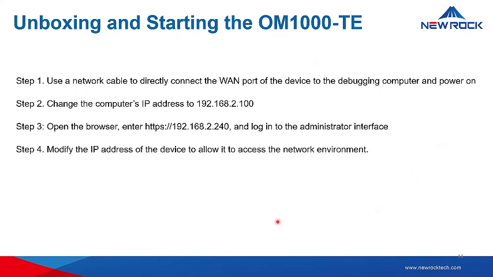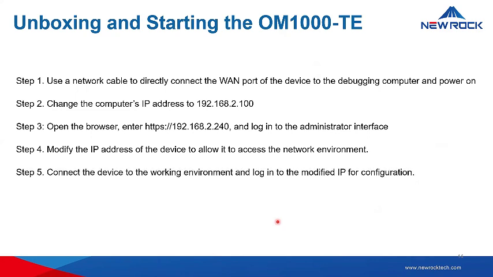Then you can also modify or set the static IP so that you can access the network environment. After that, connect the device to the working environment and log in with the modified IP for configuration. So that's the method, or steps, to start with our OM1000 TE.